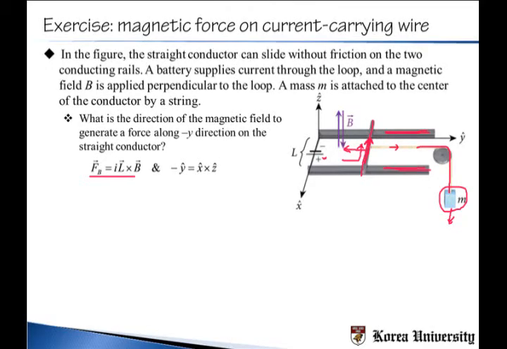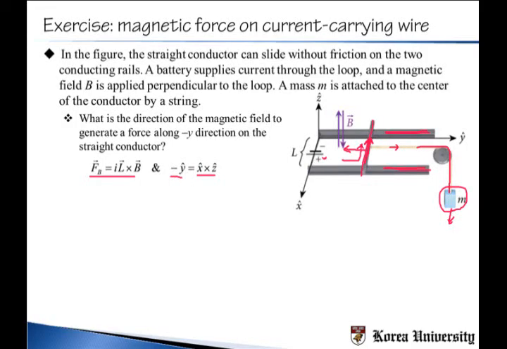According to the right-hand rule and the right-hand convention of this x, y, z coordinate, if you make a cross product between x and z, you will get minus y. Why? According to the circular rule, z cross x will be plus y, therefore x cross z will be minus y. So minus y is what we need eventually.